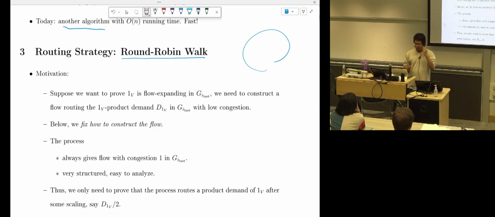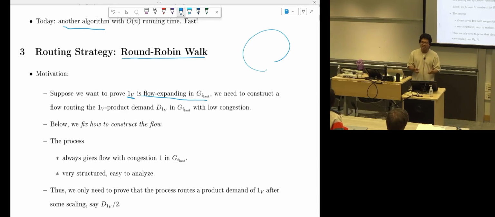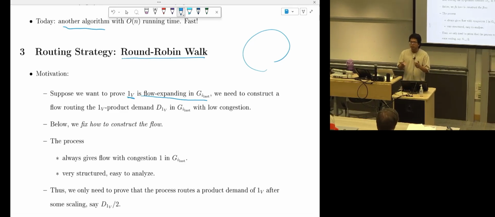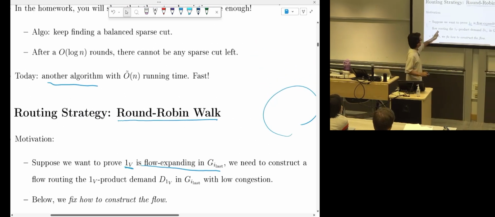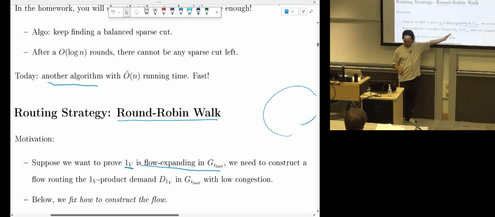Okay, so we want to choose the cuts AIBI so that at the end, maybe the all-one vector is flow expanding. To prove that something is flow expanding, you need to construct a flow that routes the product demand.